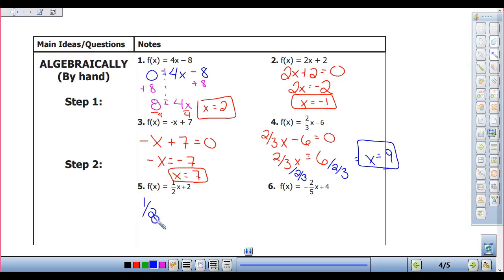And 1/2 x plus 2 equals 0. 1/2 x equals -2. x equals, and what? -4, yeah.